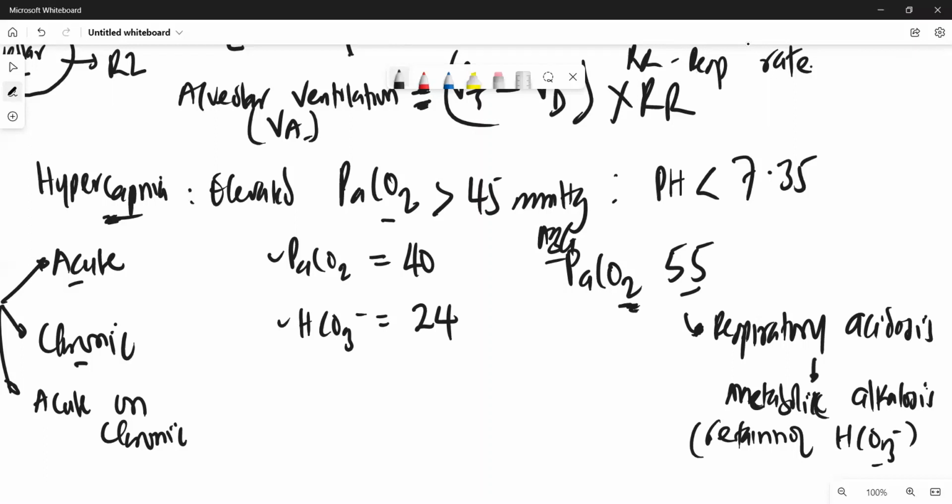So what is the expected compensation that I'm looking for in this patient? What should the bicarbonate be?